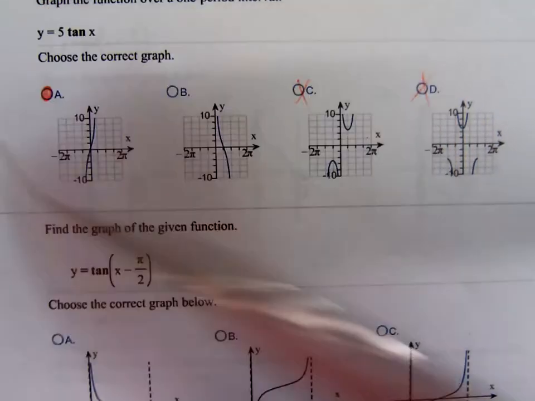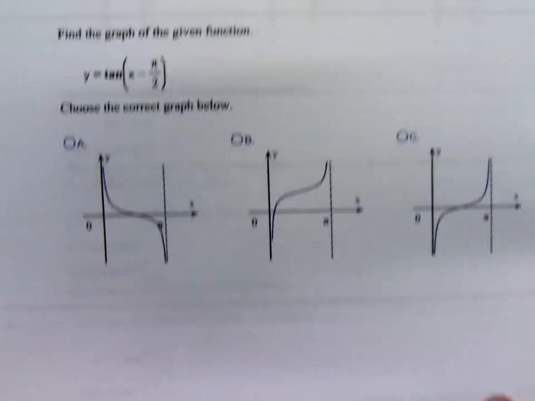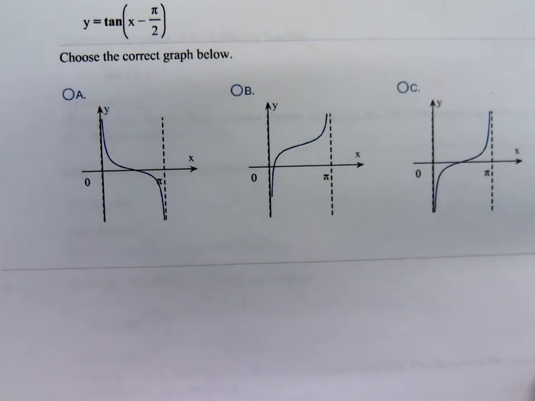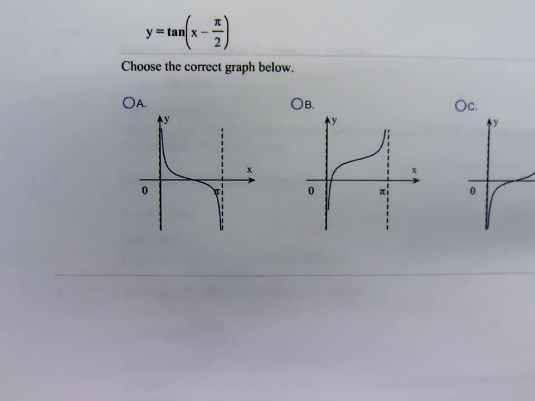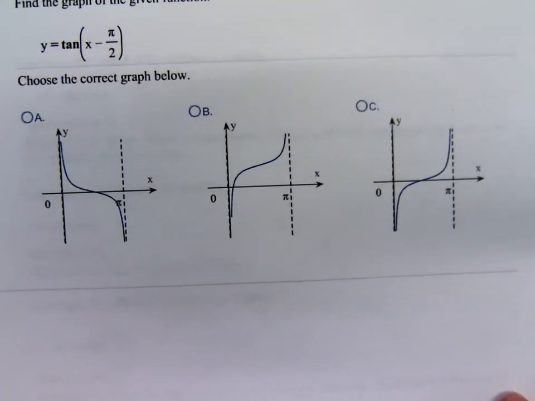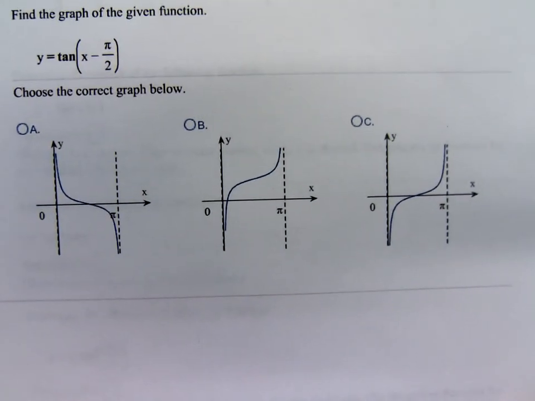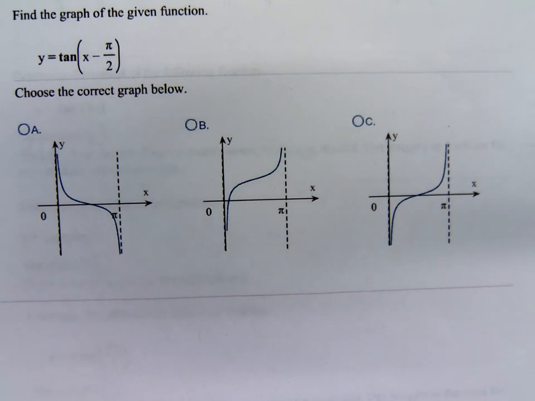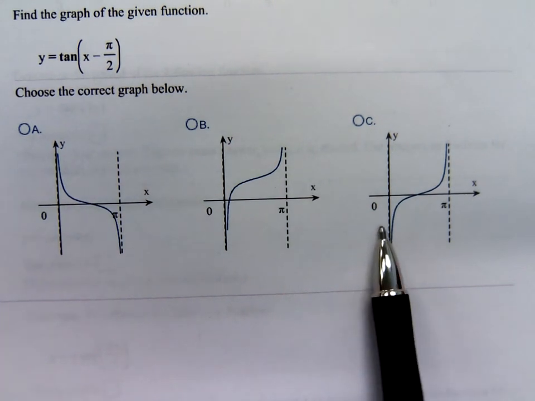Now let's go to this next one. Tangent of x minus pi over 2. Wait. Hey, we have a little, well, I better not say it. I want to say we have a lazy programmer here. Did they just do 3 choices? Let's see. So I'm hearing C. Tangent goes up when you look from left to right. And you might be thinking, well, wait a minute, the asymptotes are wrong. No, they're not.